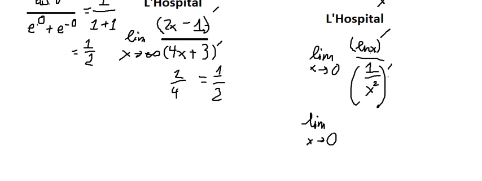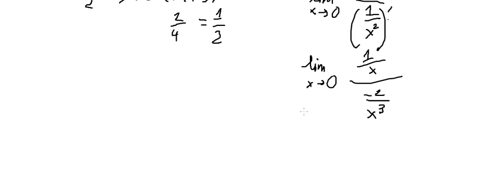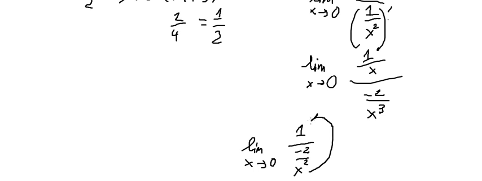The first derivative of ln x gives 1 over x. The first derivative of 1 over x squared gives negative 2 over x to the power of 3. Now we simplify x and x. You will get 1 in here, negative 2 over x squared. So we put x squared in the numerator.